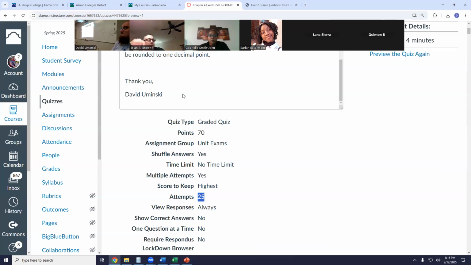We can get on Zoom. I prefer to meet on Zoom because then I can record the session and send it to you as a little additional tutoring tool for you to utilize. That's why I'm giving you those 25 attempts. It's not so you can go in there and guess, right? Obviously, your high-low, it's a 50-50 shot. But I want you to understand why it's high and low. I don't want you to just go and guess.